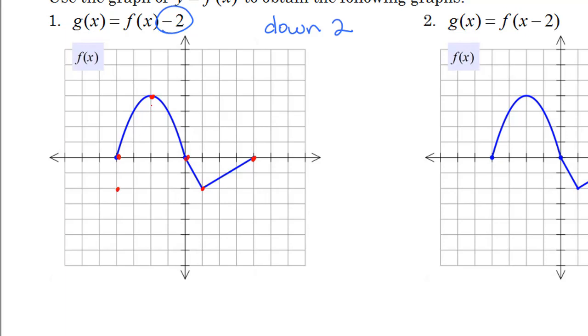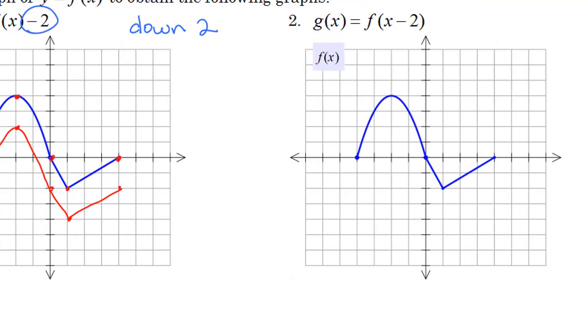So 1, 2, 1, 2, 1, 2, and then reconnect those points in the same shape. Of course, mine's not perfect, but good enough. It should be exactly the same shape if I could graph it perfectly, just shifted down 2 units.